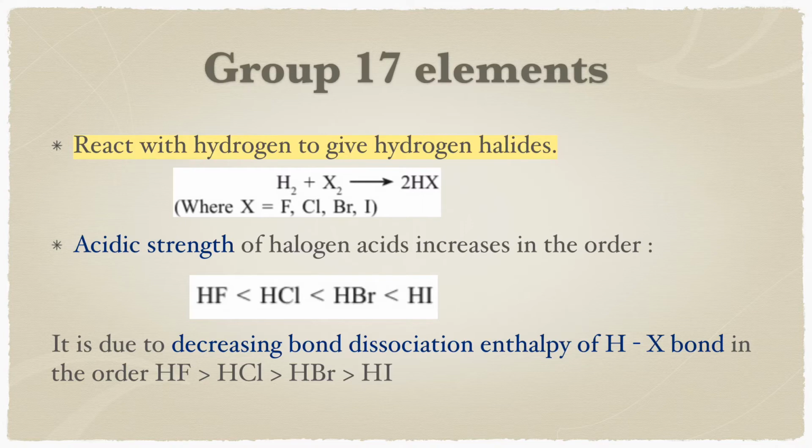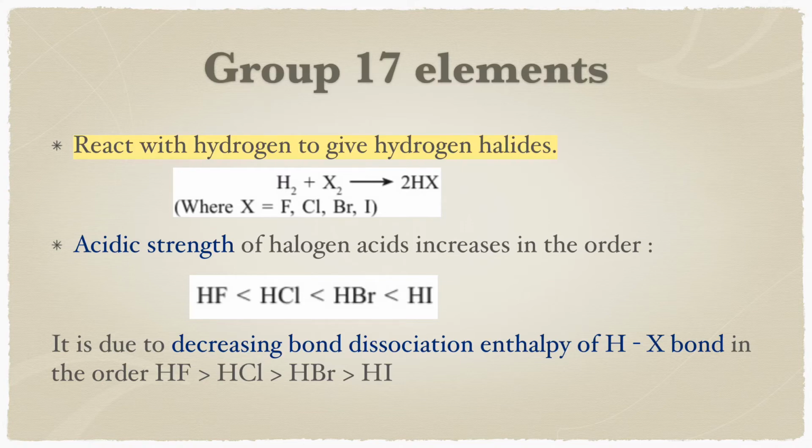Okay, so the acidic strength of halogen acids increases in the order given down, where HI is the strongest acid and HF is the weakest acid. The reason is the decreasing bond dissociation enthalpy of the H-X bond. In HF, the bond is much stronger.